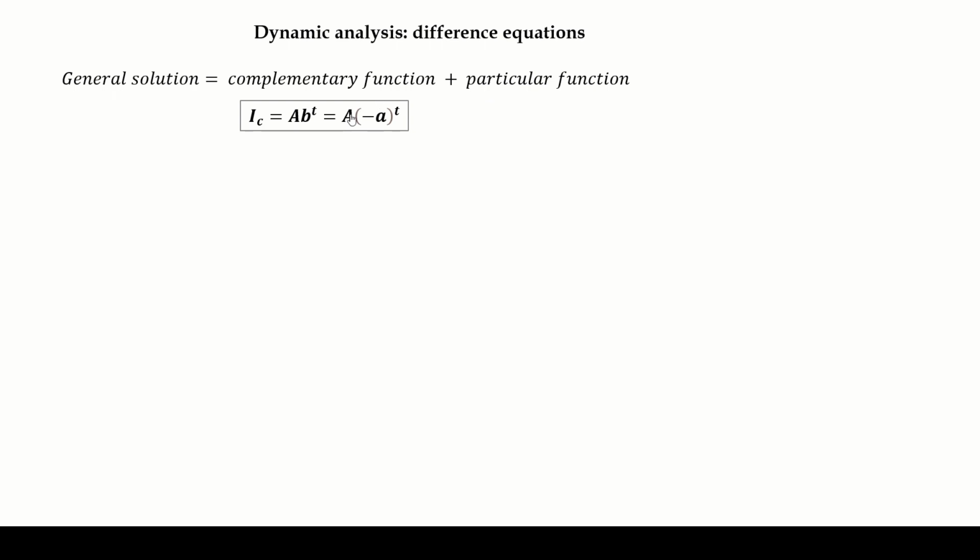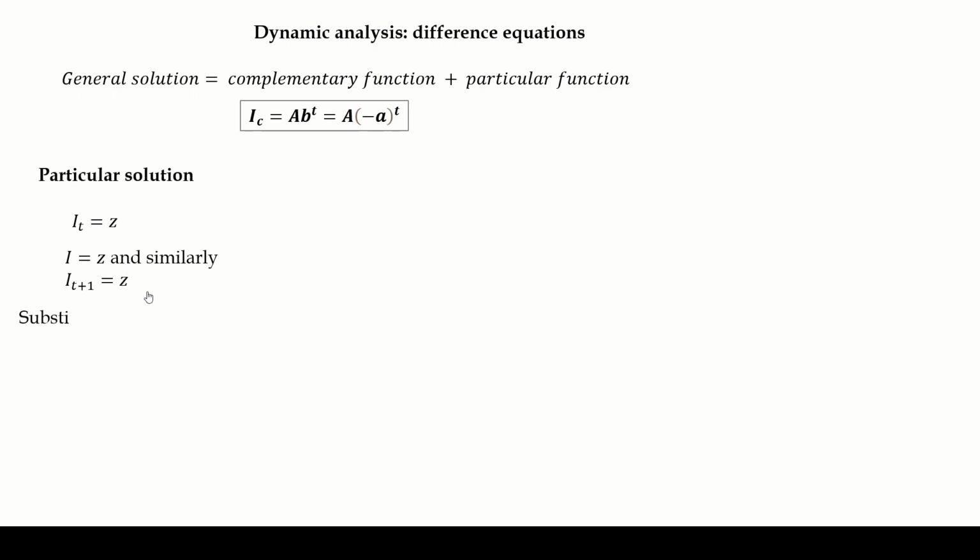So let's move towards finding the particular solution that we need to complete the general solution of the investment difference equation that we started. And again, we are saying that if I_t equals z, which is a constant, it means I_{t+1} would also equal z.